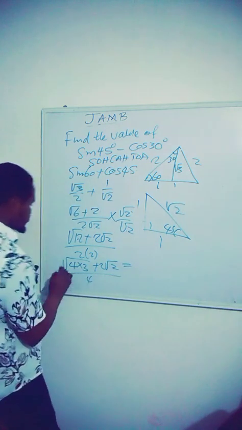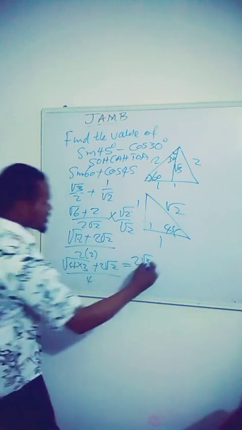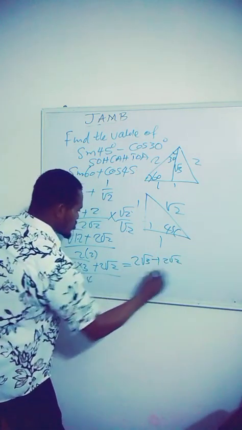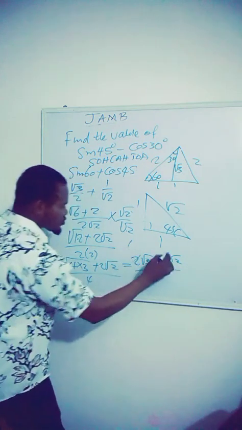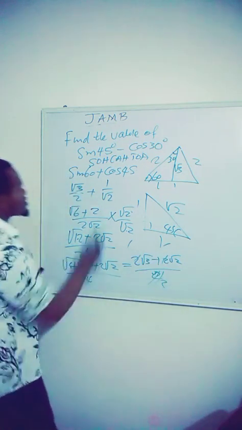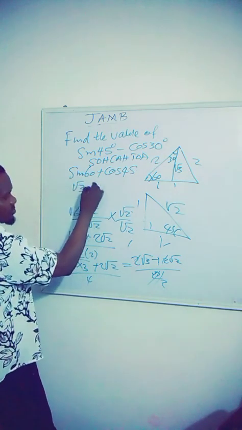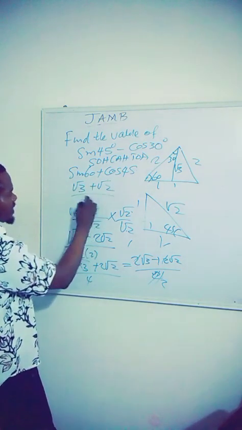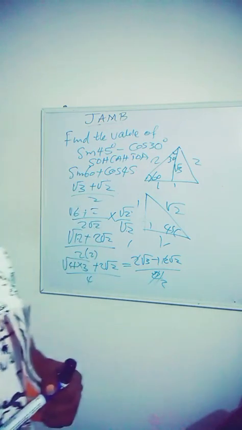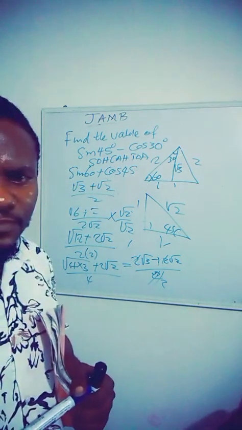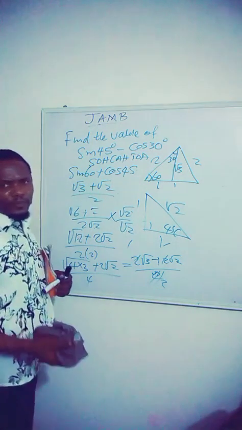So the square root of 4 is 2, giving 2 root 3, then plus 2 root 2 over 4. So 2 here 1, 2 here 1, 2 here 2. The final answer will be root 3 plus root 2 over 2. I hope you got the flow.